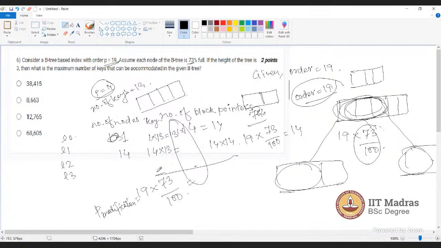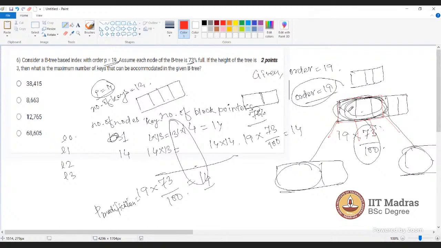In this way you get 14 as the new node order, and 14 is the number of block pointers. So with 14 block pointers, 13 is the possible number of keys.